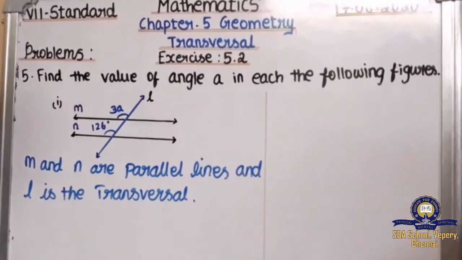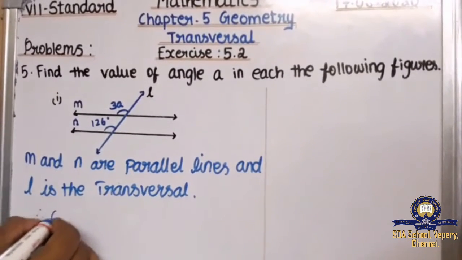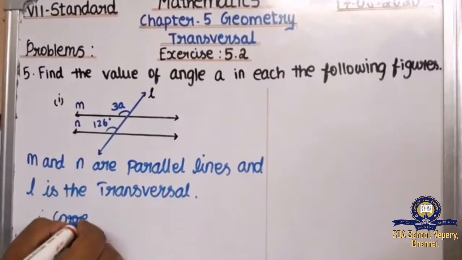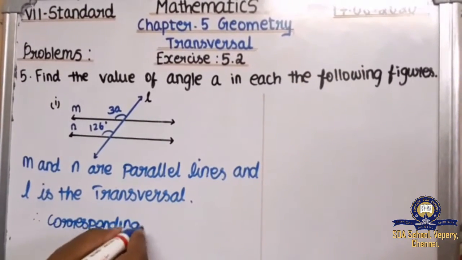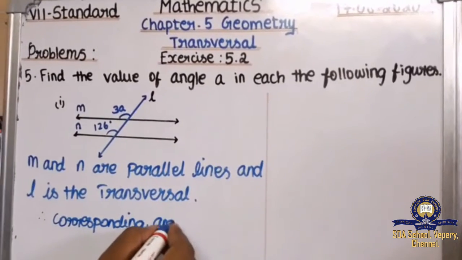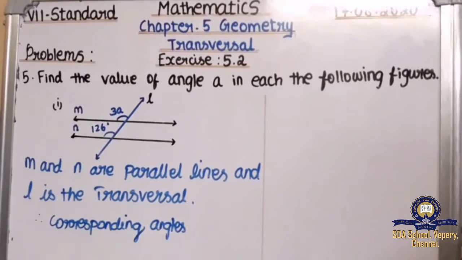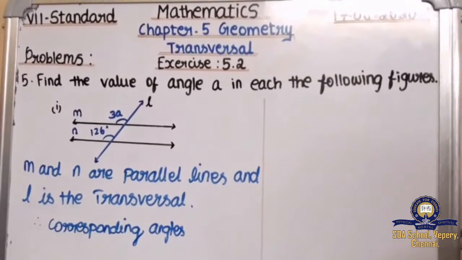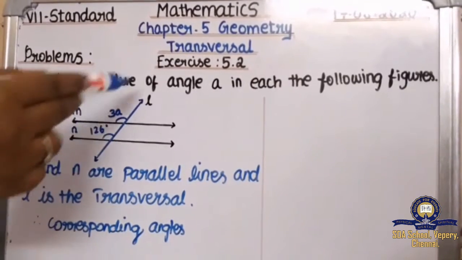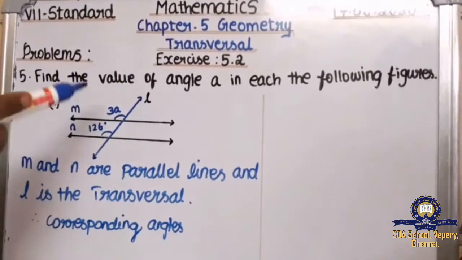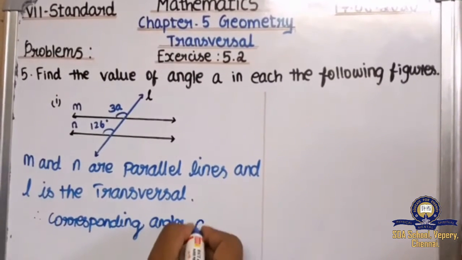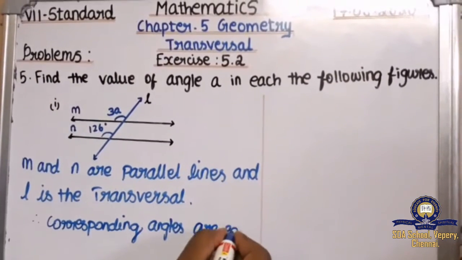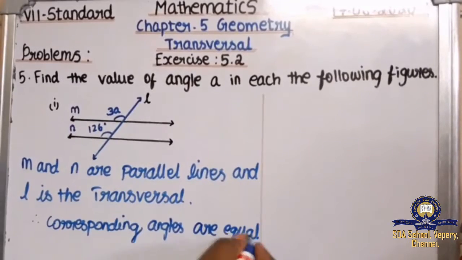Therefore, we can say that these are the corresponding angles. From the definition, we can conclude that when two parallel lines are cut by a transversal, each pair of corresponding angles is equal.